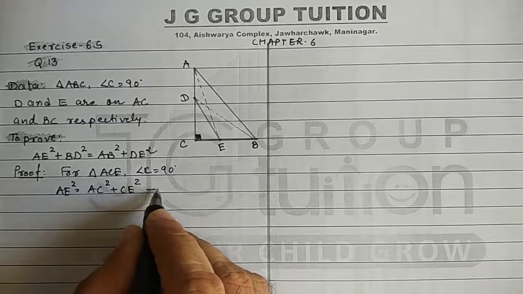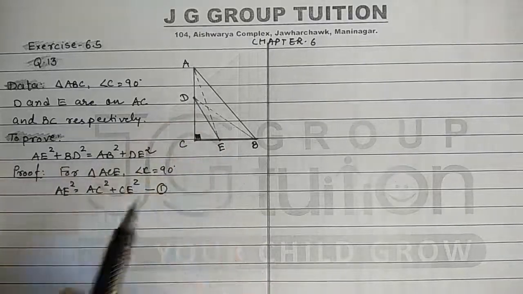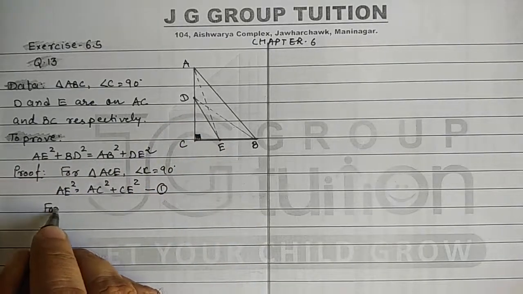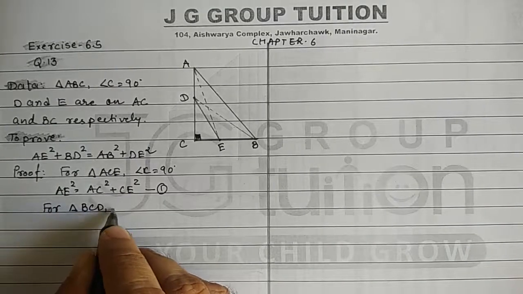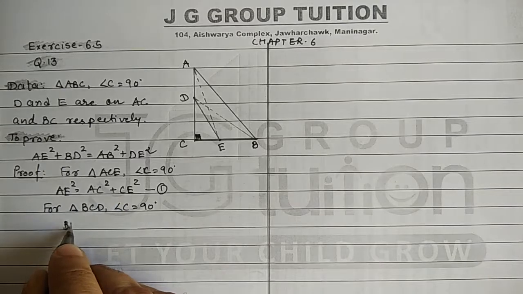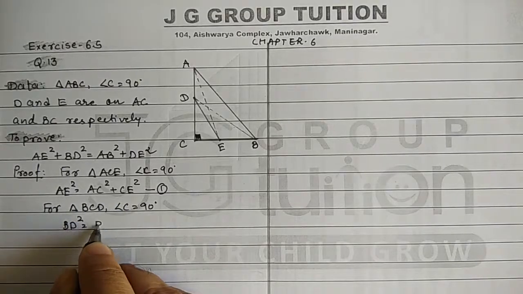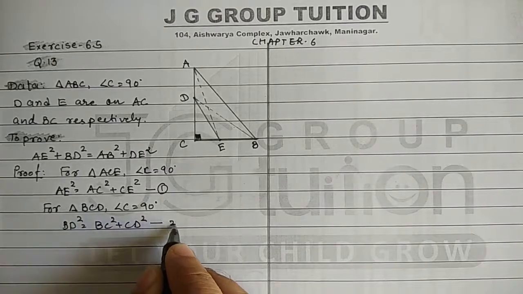This we obtain first. As I require BD as a hypotenuse, so for triangle BCD, we can write angle C is a right angle. So BD is the hypotenuse. So BD square is BC square plus CD square. This is equation number 2.